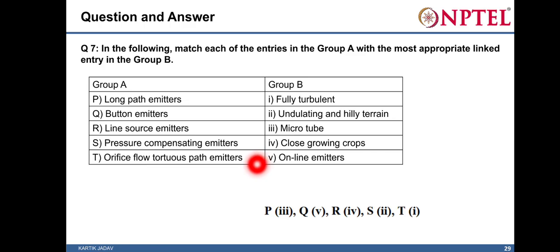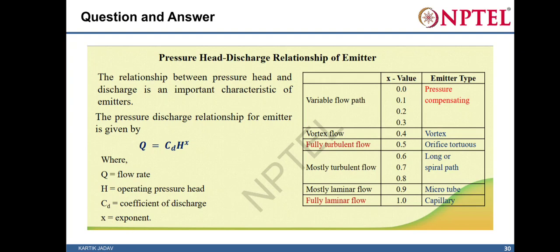Then line source emitters are generally used for close growing crops. And pressure compensating emitters we use for undulating or hilly terrain, right? Because of their ability to compensate for pressure difference. And orifice flow and tortuous path emitters generally have a fully turbulent flow kind of characteristic.